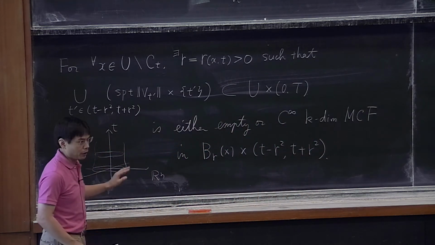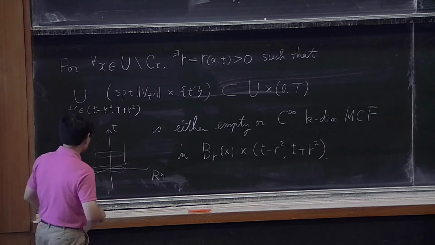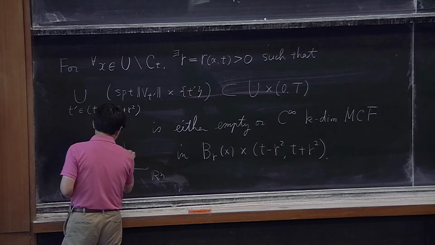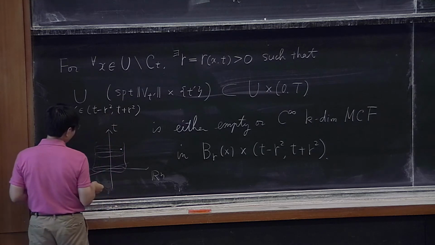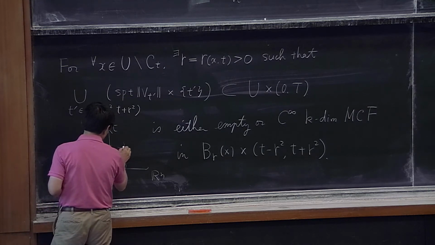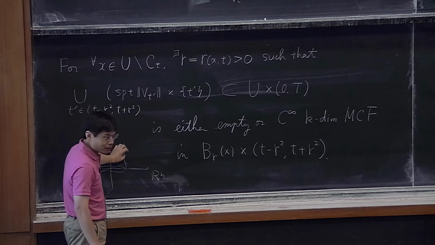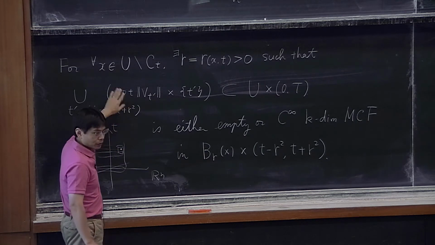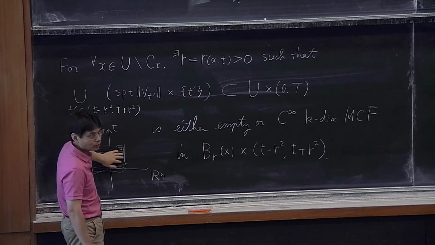There's the option of being empty, of course. There's nothing there. So what it says is that for almost all time, you look at the point, then there's a neighborhood in space-time inside of which the support of this motion of this measure is either smooth or empty.